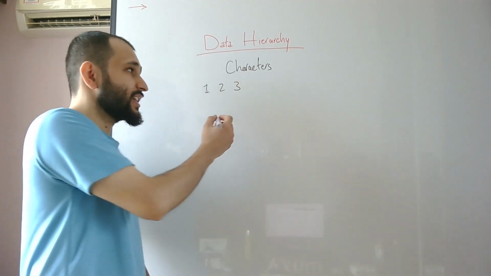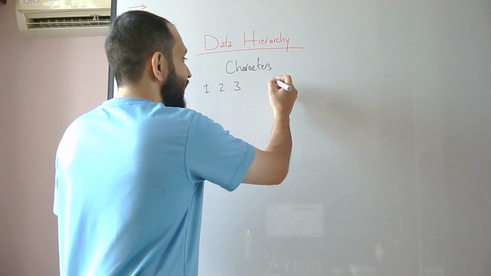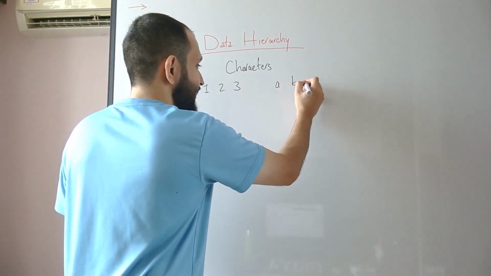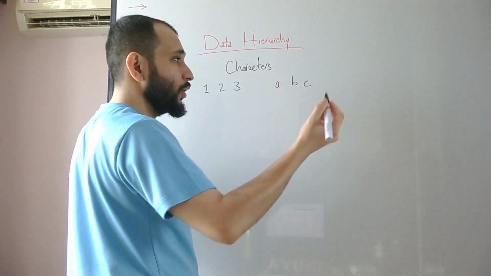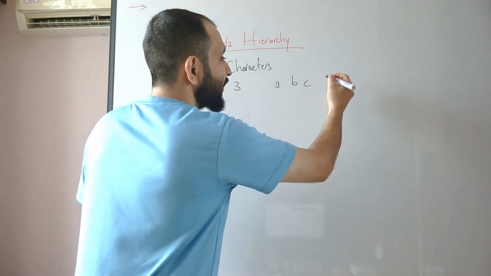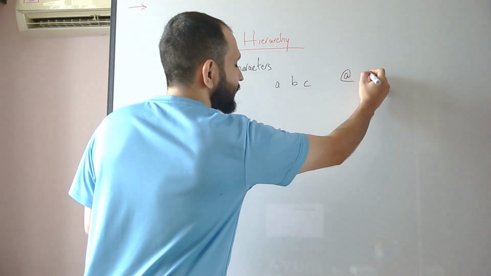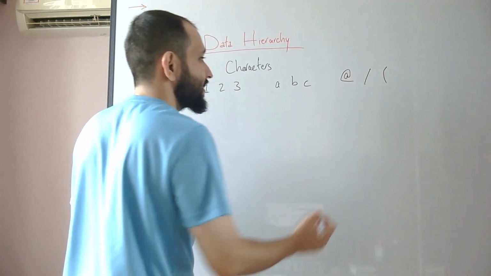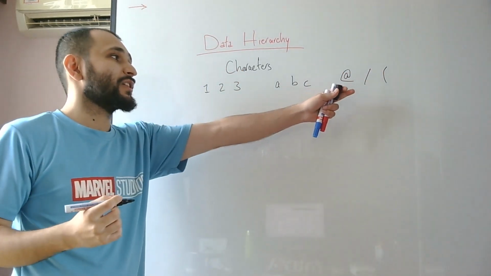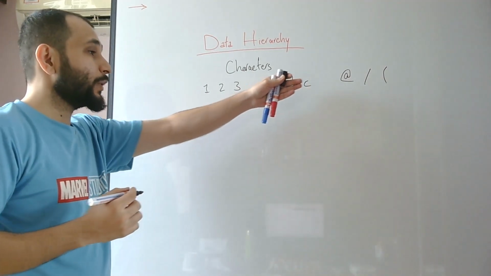Characters include digits, letters A, B, C, and all of these letters, and also special characters such as @, slash, parenthesis, and all of these special characters.